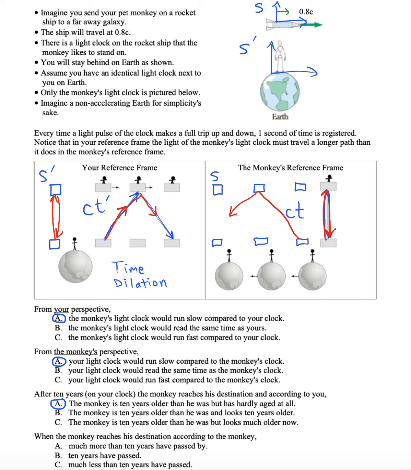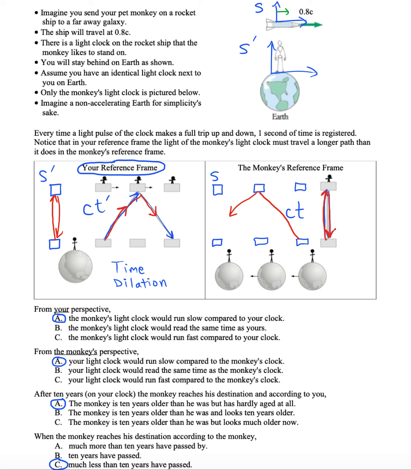Well, as you can see in our reference frame here, the monkey can get to his destination where the processes in his body are slowed down. And because of this, we're going to think that 10 years have passed. But he would say that it hasn't. And so by the time he gets there, much less than 10 years have passed.